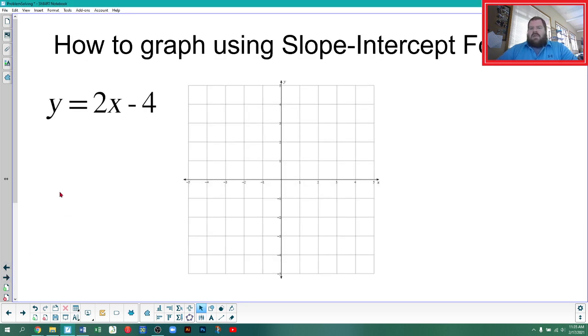So let's take a look at today's stuff. We talked about how to graph using slope-intercept form and some important notes on how to do it. The first thing we want to do is plot our y-intercept.